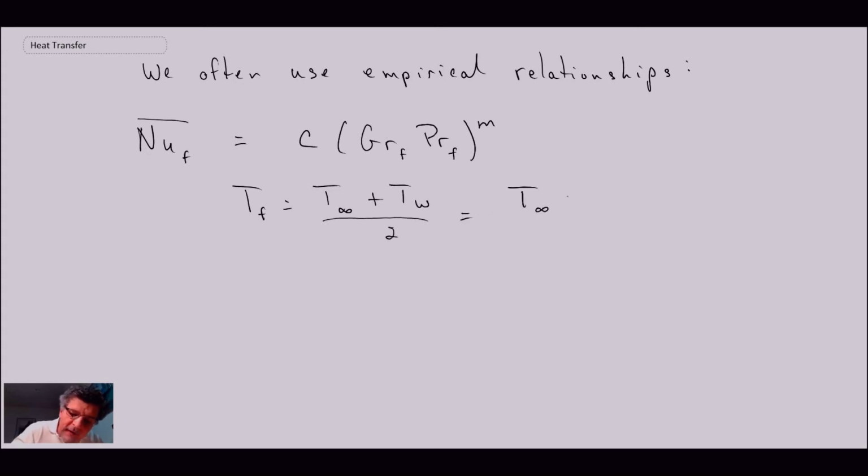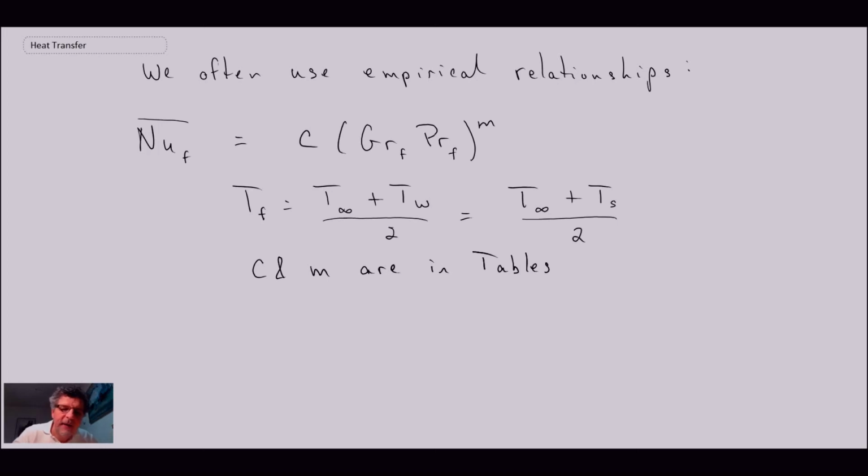Or if you're using Ts for the surface temperature, it'd be divided by 2, same thing. And another thing that we have here, C and M, are in tables. So look in your heat transfer book and I'm sure you'll find them.